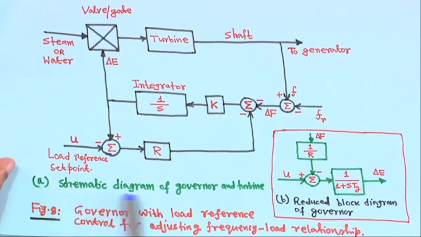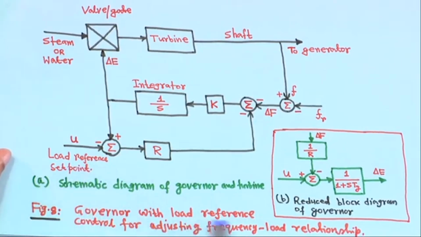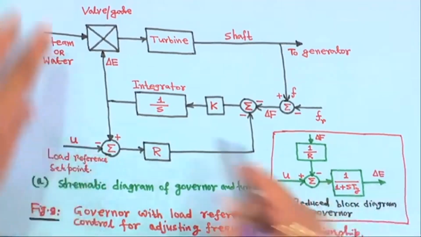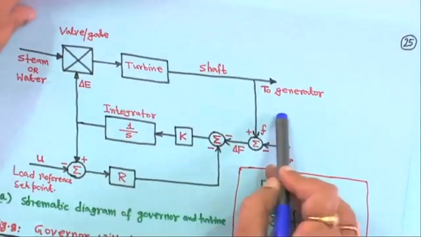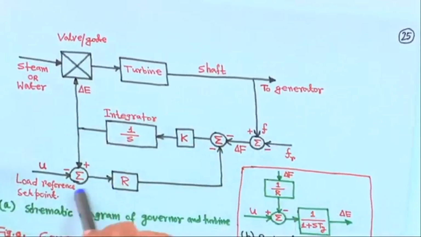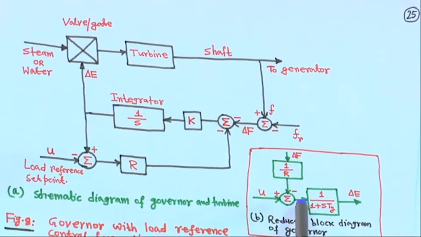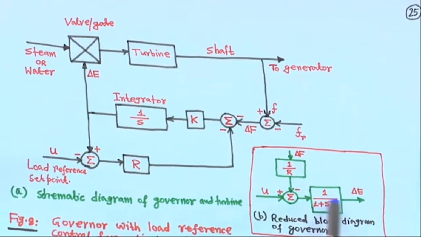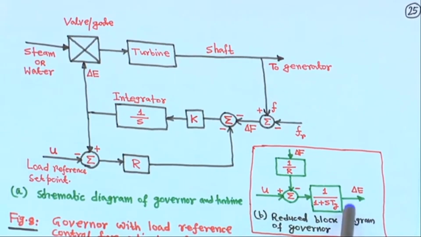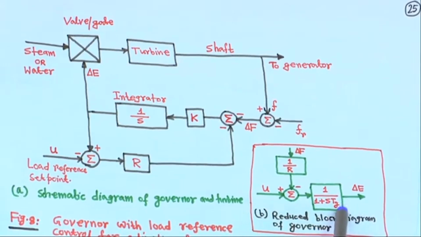So, this is the schematic diagram of governor and turbine with the load reference set point, and governor with load reference control for adjusting the frequency and load relationship. If you simplify only this portion, without the turbine or generator, it becomes delta F equal to 1 upon R times U, then plus, 1 upon 1 plus STG delta E. Now, how are these things coming?